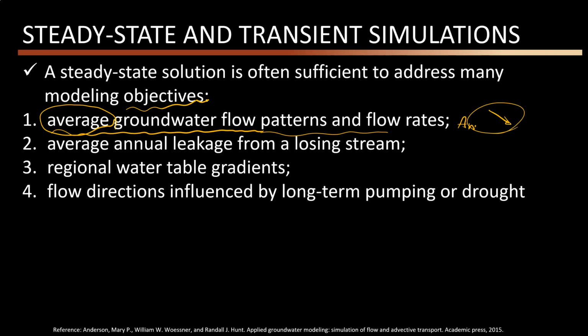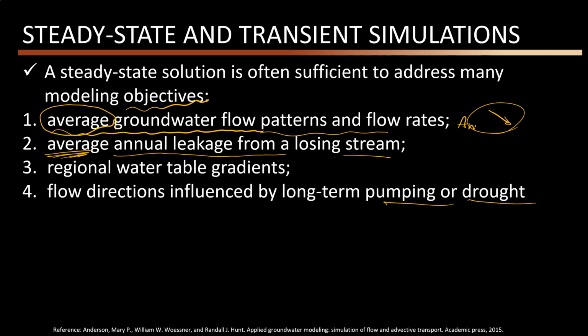Or for example, you can create an average annual leakage for a losing stream. So as you see, you can create very useful average information. Or regional water table gradients or flow directions influenced by long-term pumping or drought.